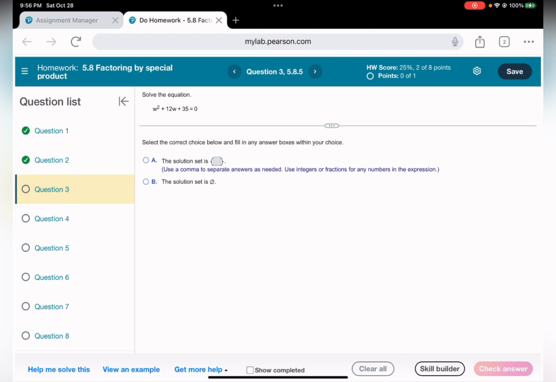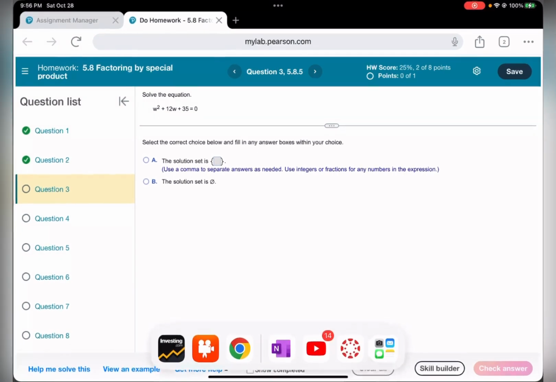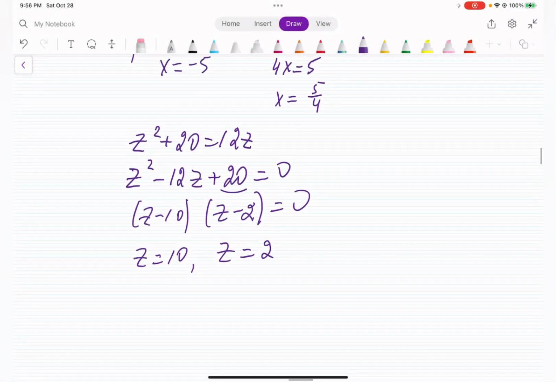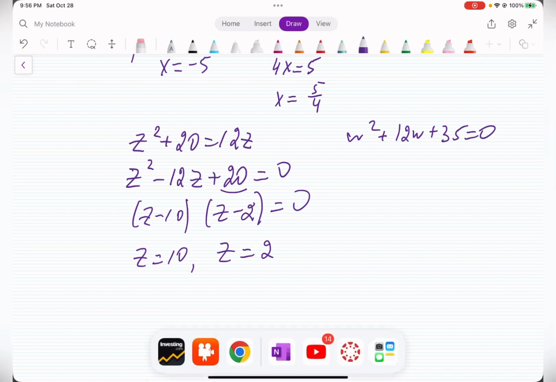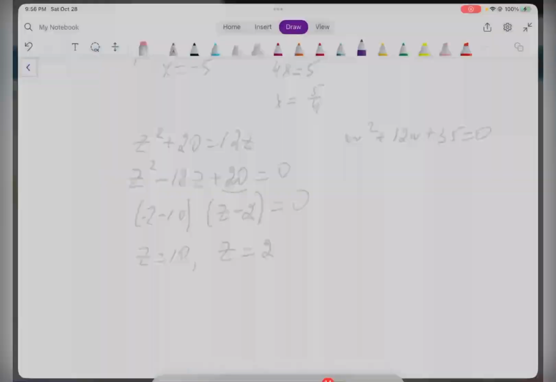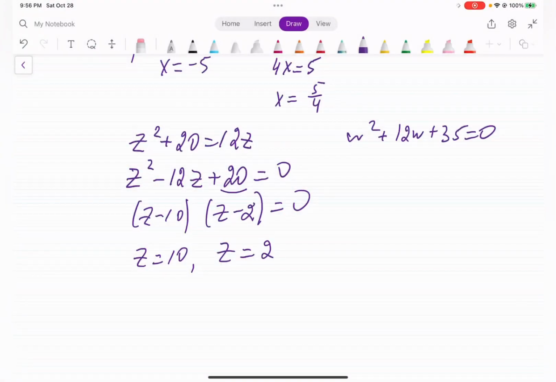Number 3, w squared plus 12w plus 35 equals 0. Okay, since no number squared gives me 35, there is no perfect square. All I'm going to do is just break it down.